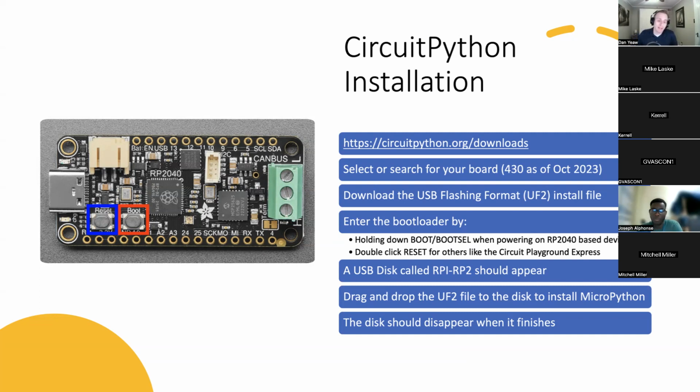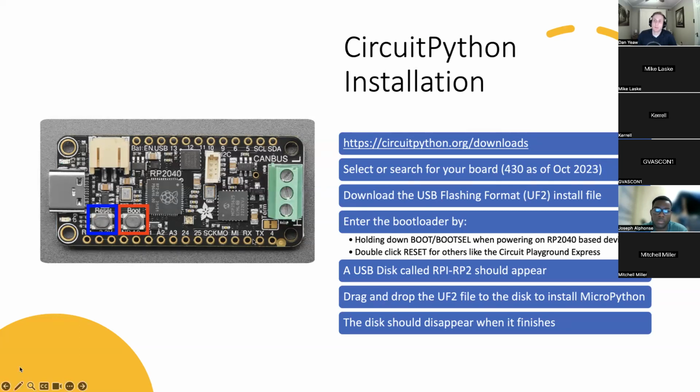I think those are the two most popular ways, either holding down boot when powering or the double reset. We're going to see a USB disk called RP2, and we're going to drag and drop that UF2 file on there. And when it finishes flashing the drive, then the disk should disappear.